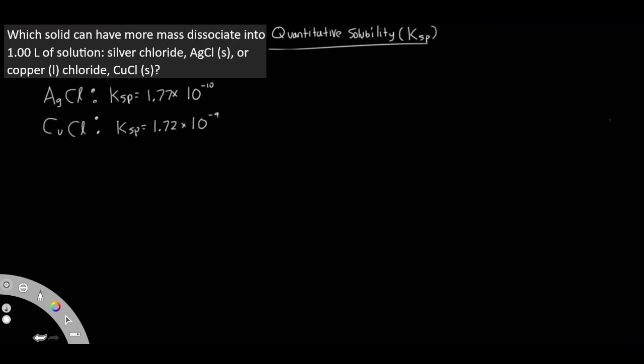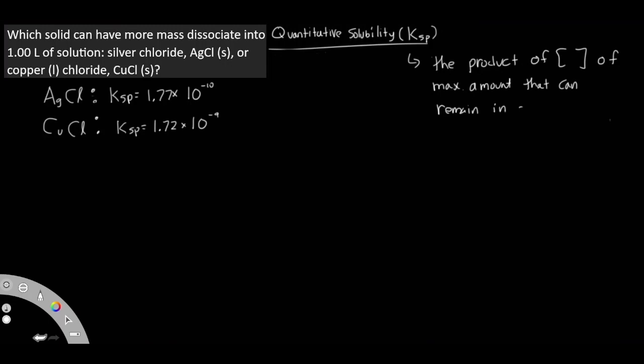Based on what I talked about regarding the Ksp value, in case you kind of forgot what the word for word definition was, the Ksp value, remember, was the product of concentrations, I'll just put here brackets for concentrations, of maximum amount that can remain in a solution.